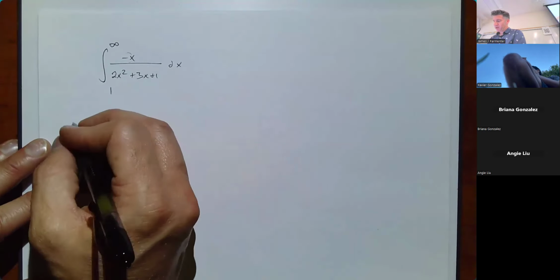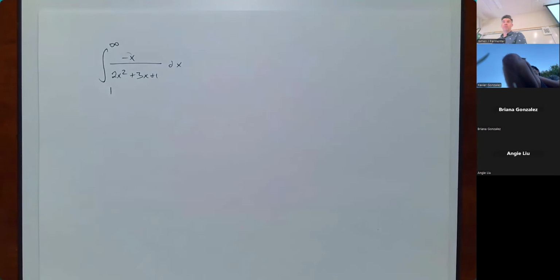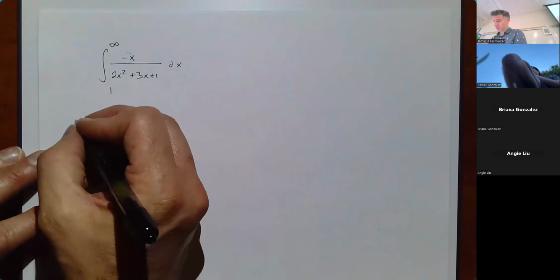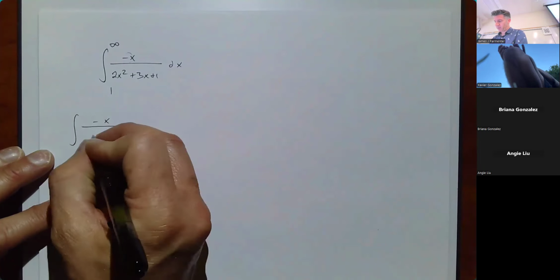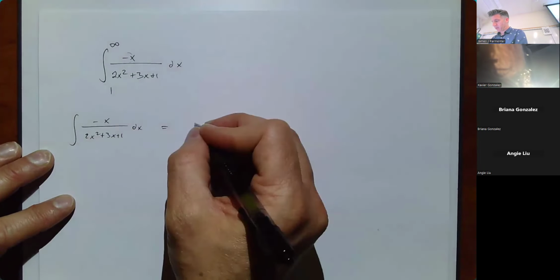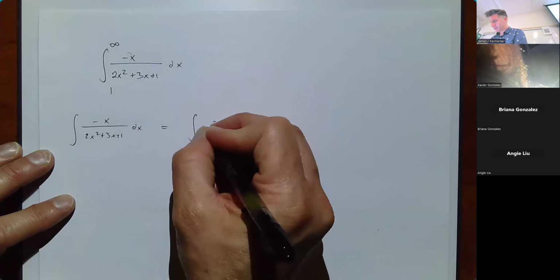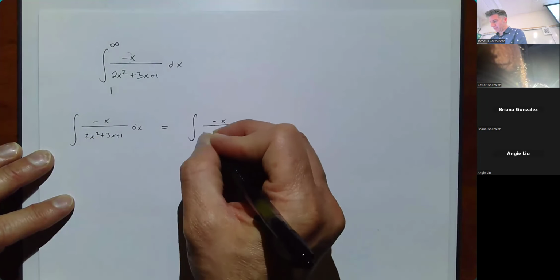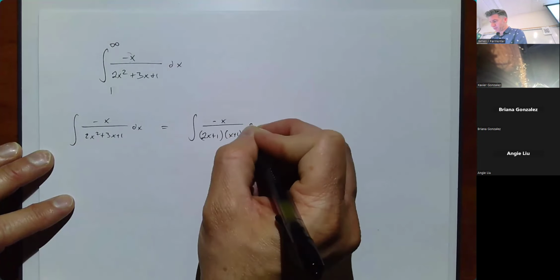Okay, so this is a partial fractions problem. Doing the partial fractions here, the denominator does factor as 2x plus 1 times x plus 1.